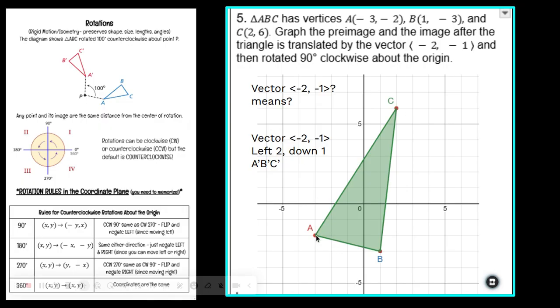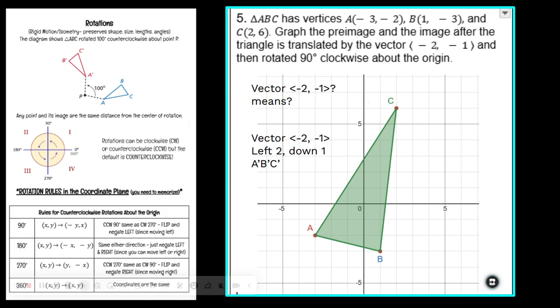So from here, we can literally just count left 1, 2, down 1, and plot our A prime. Same with B, going left 2, down 1 to plot that B prime point. And of course, I know you've already taken care of this step, but traveling 1, 2 to the left and down 1 to plot C prime.